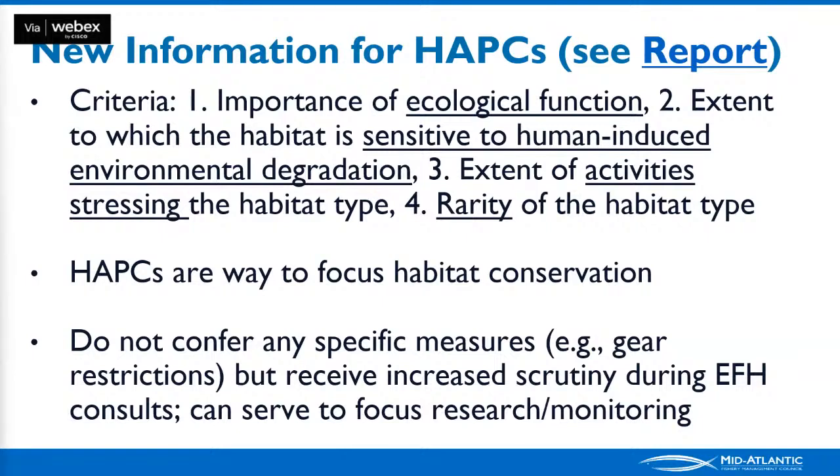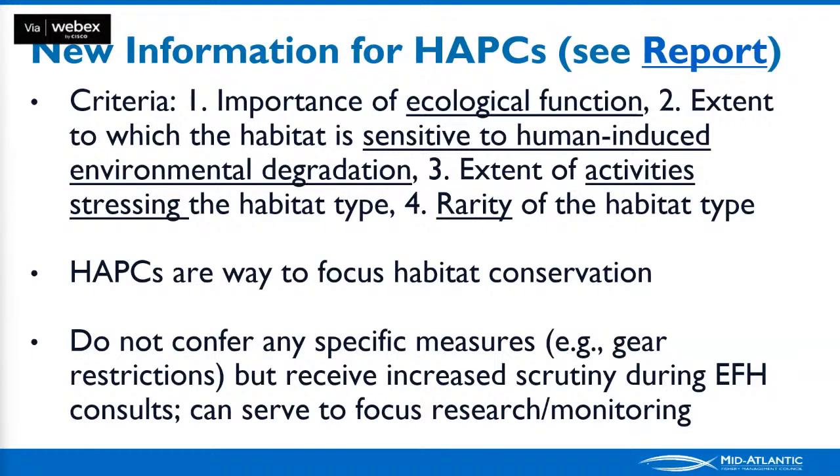As some of you may know, New England just recently went through a process of looking at habitat areas of particular concern related to some of their wind energy development activities that are going on in their region. So it's definitely a tool that I think is worth you considering, especially in the context of all of this activity occurring in our region. But I will note that these designations, HAPCs, don't confer any additional specific measures.